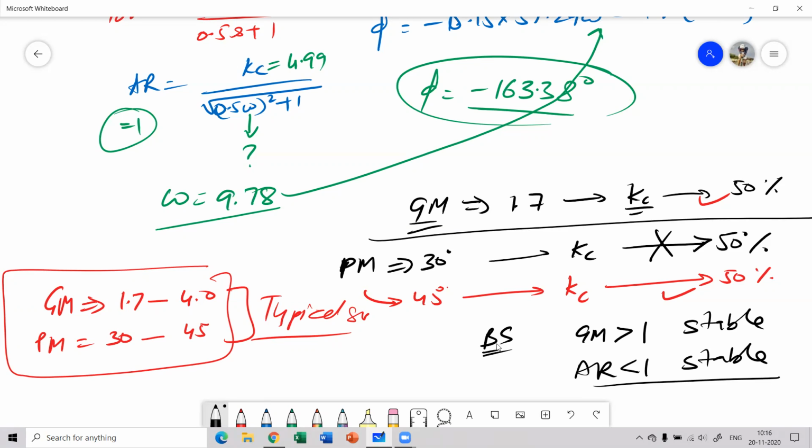So this is where your gain margin and phase margin is over. So we are left with now only two topics. One is Nyquist plots and the last one is your controller tuning. Okay, so we're gonna discuss about those in the coming lectures.